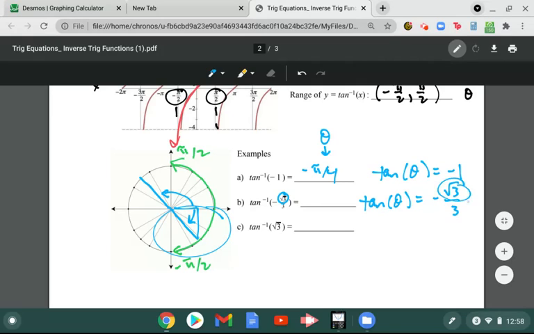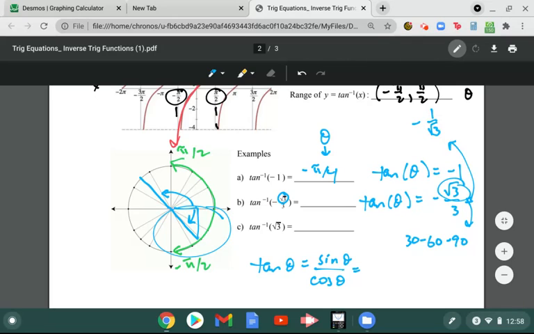That radical 3 tells me that this must be a 30, 60, 90 triangle. As I think about tan of theta being sine over cosine, that tells me that I want the radical 3 to be in the numerator. So radical 3 over 3. This is rationalized. It's a tricky one, 1 over radical 3.